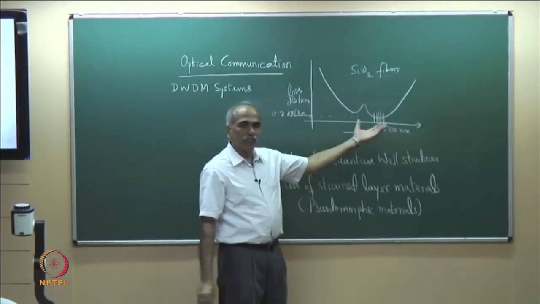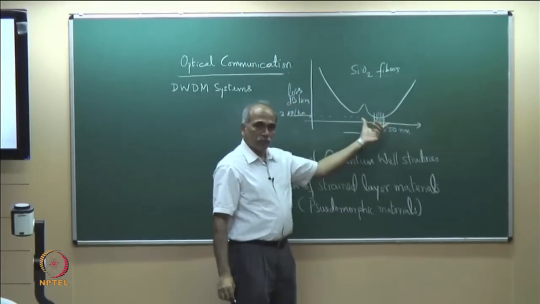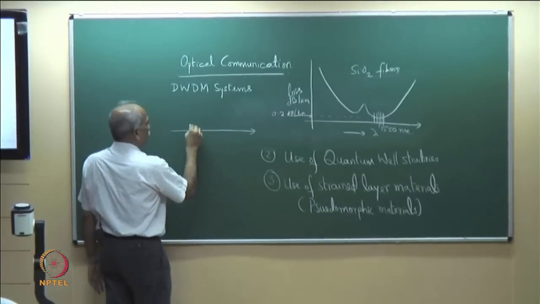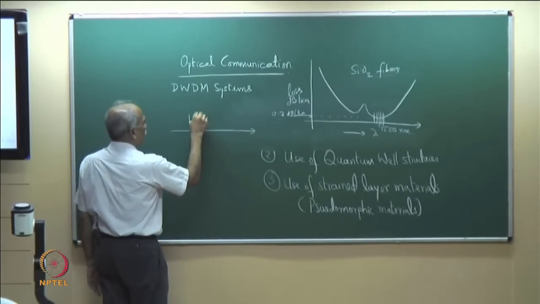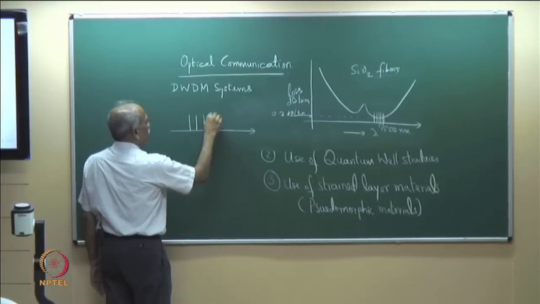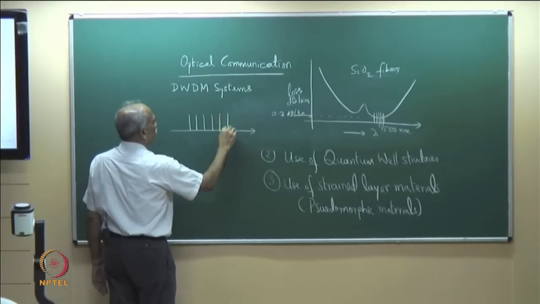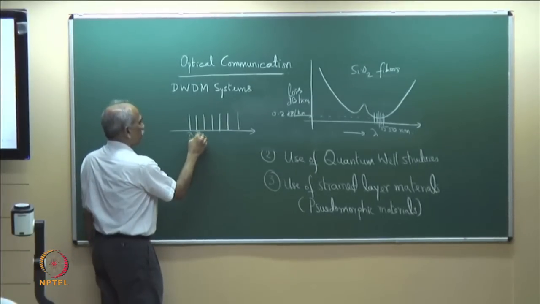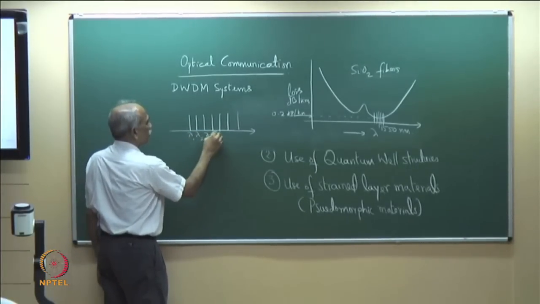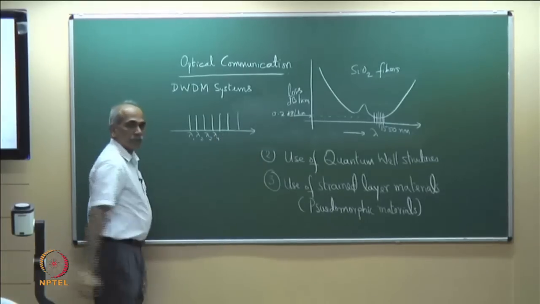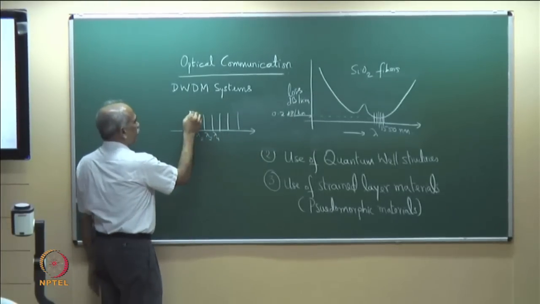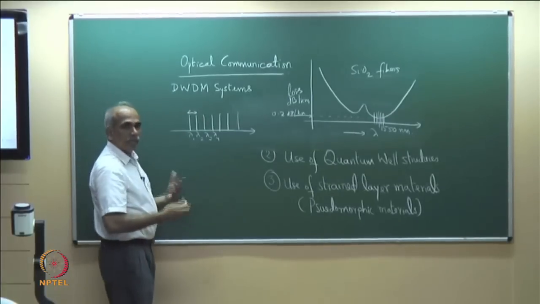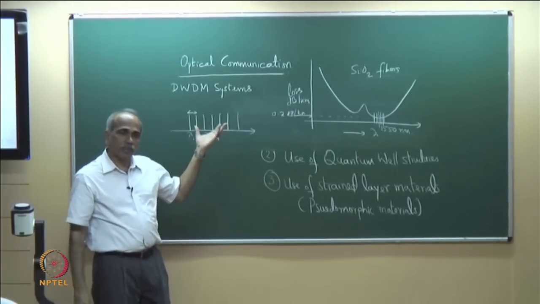If you zoom in a little bit around 1550, you can have a large number of wavelengths. There are standard communication grid wavelengths: lambda 1, lambda 2, lambda 3, lambda 4 and so on. These are separated, and the channel separation depends on what is used.